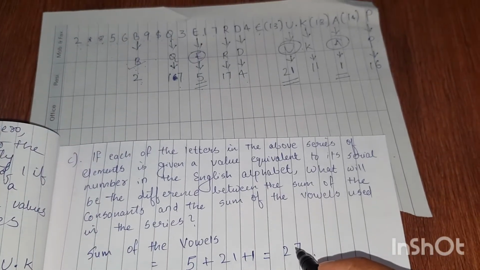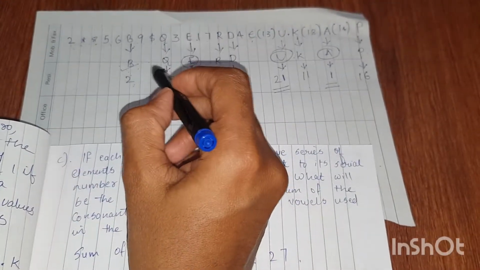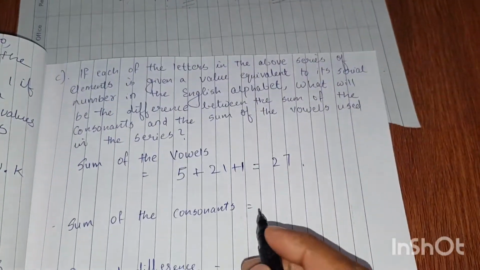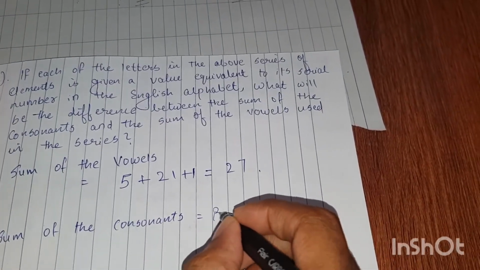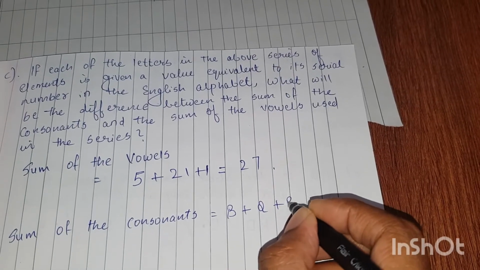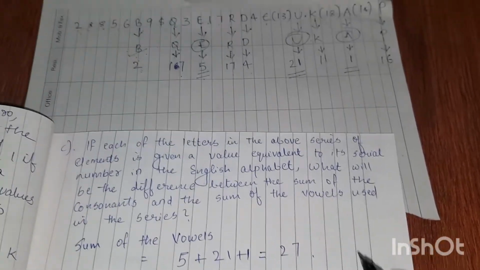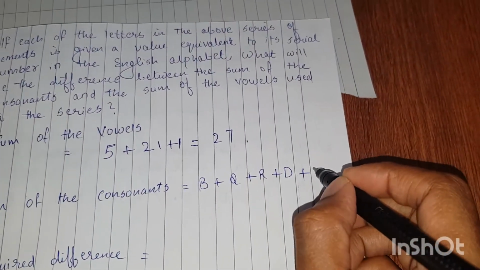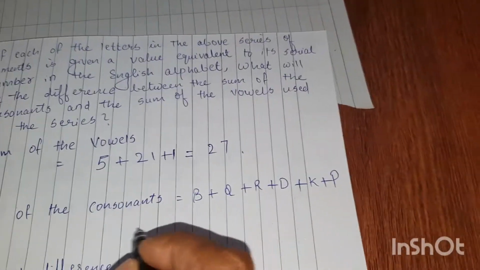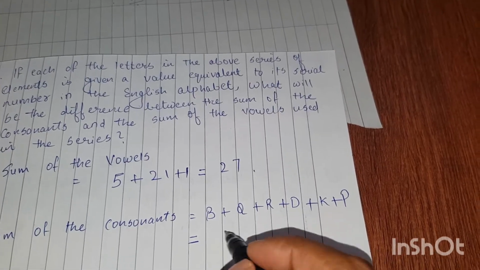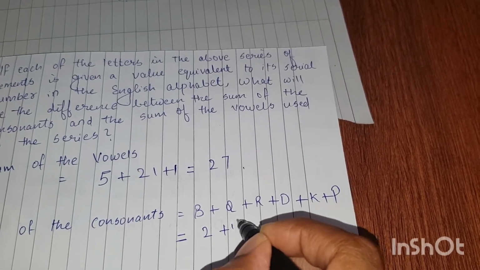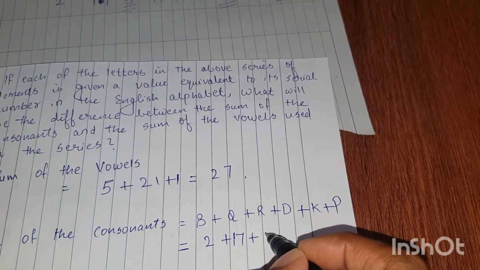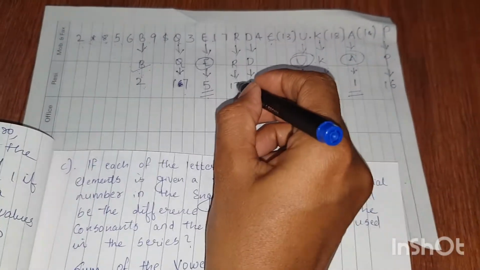Now taking the consonants, which are the consonants? B, Q, R, D, then K and P. So B plus Q plus R plus D plus K plus P, and we got the values. B is the second letter, Q is the 17th letter, R is the 18th letter, sorry, R is the 18th letter, not 17th.